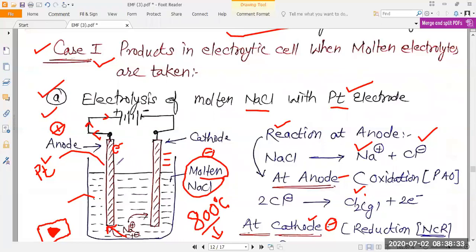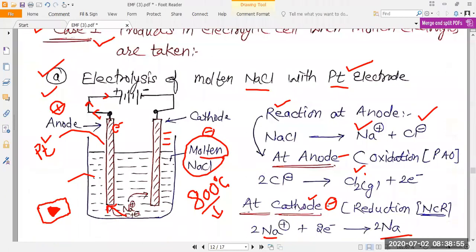Both electrodes are made of the same element, platinum, and platinum electrodes are inert electrodes. They do not participate in the cell reaction.